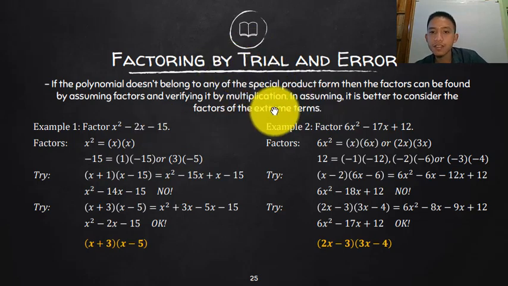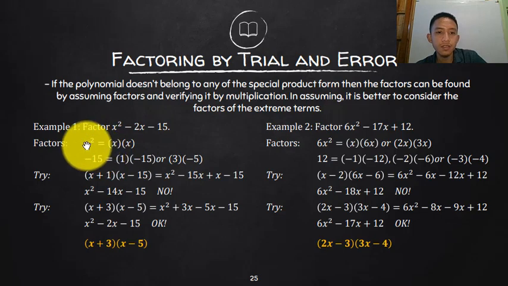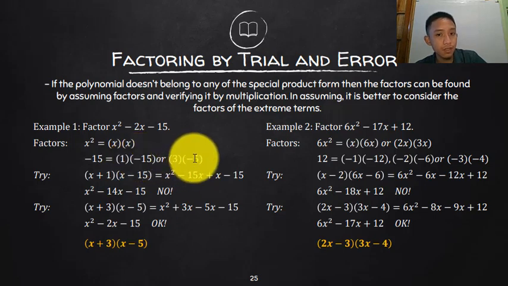First, know the factors of your extreme terms, your a squared and your b squared. So x again is just x and x. Negative 15, what are the factors of this? It could be positive 1, negative 15, or this could be reversed into negative 15, positive 1. What else? 3 times negative 5 or negative 3 times 5. So it's up to you.